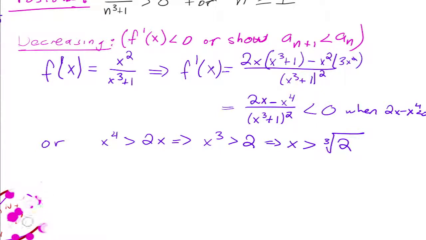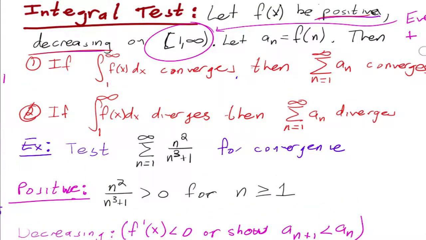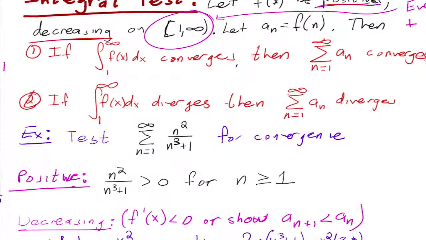The positive and decreasing is just so that we can use the theorem. Now we just have to evaluate the integral and see what we get. Okay, so off we go. You guys remember how to integrate, right? I hope.